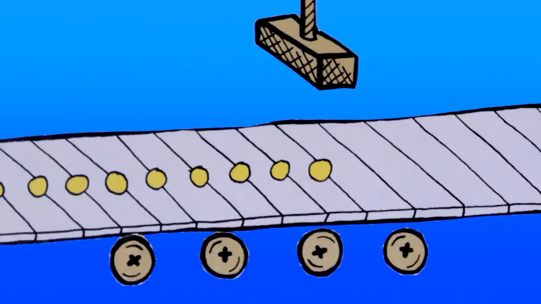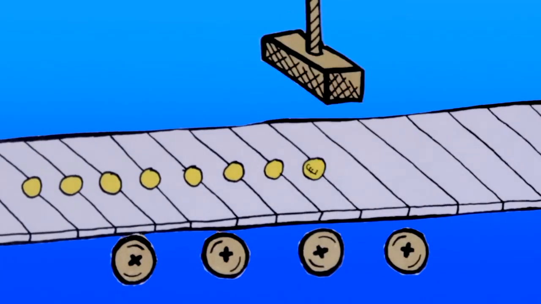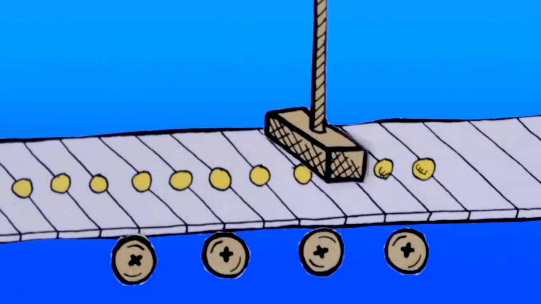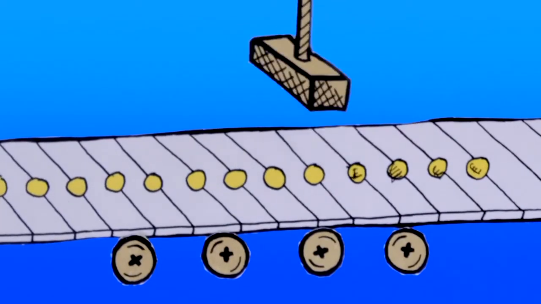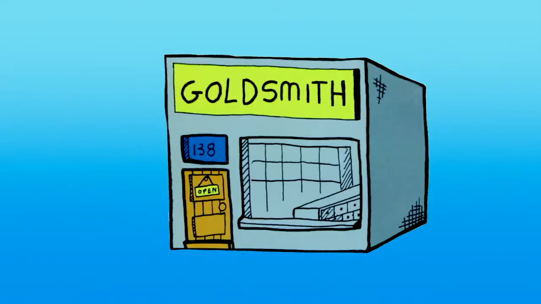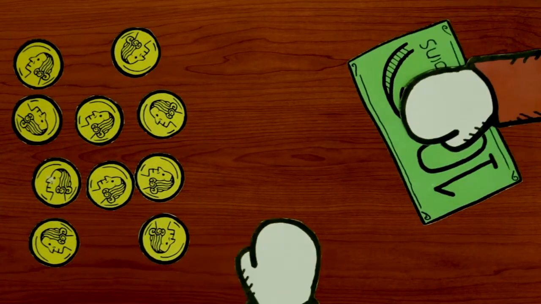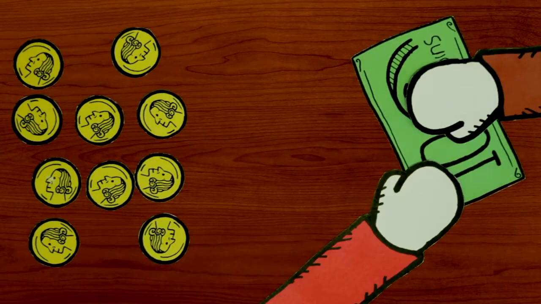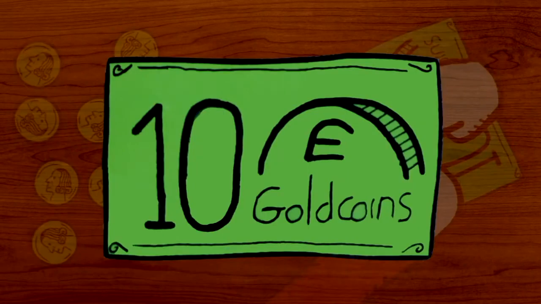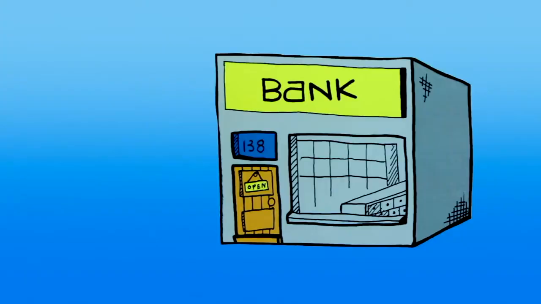They were small, which made them easier to carry around. To make things even easier, the coins were weighed and stamped so everyone knew how much they were worth. People started to give their gold coins to the goldsmith to look after and keep them safe. Can you look after my gold for me, please? Yes. Here's your £10 receipt. These receipts were the earliest types of banknotes. They have developed and now they are no longer linked to gold.